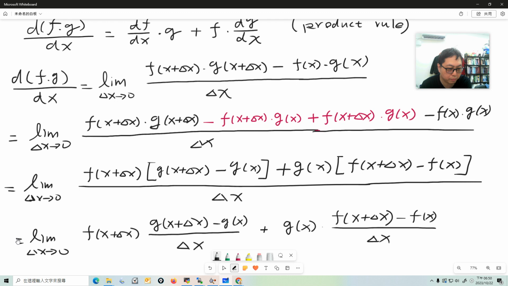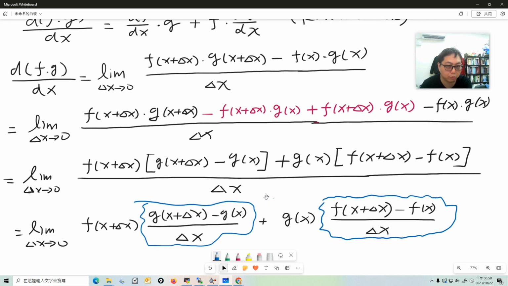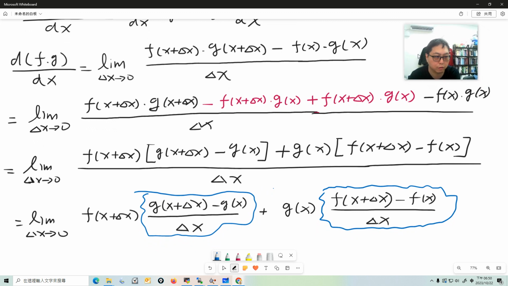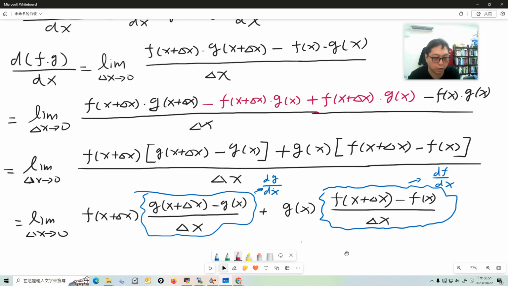What is this term here? And what is this term? Remember that's the original definition of derivative. So this is just dg over dx, and this is df over dx. That's why we get our product rule.